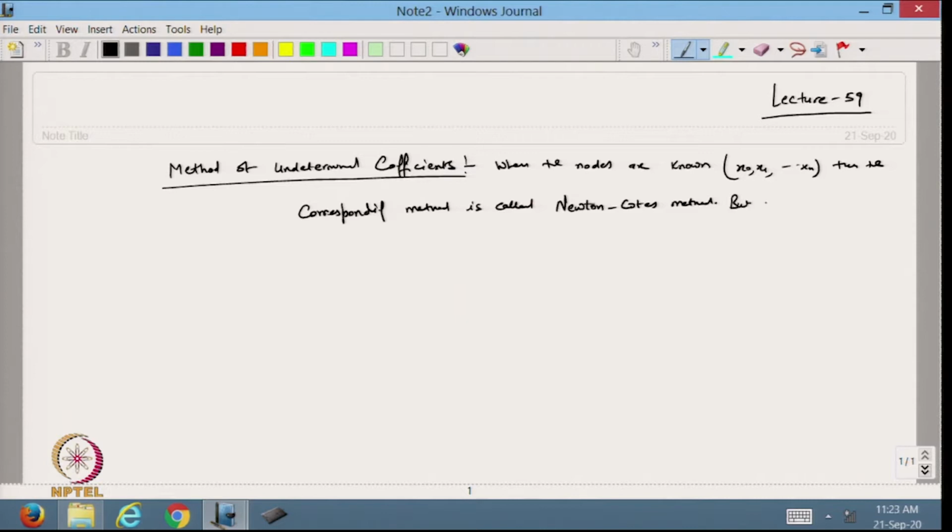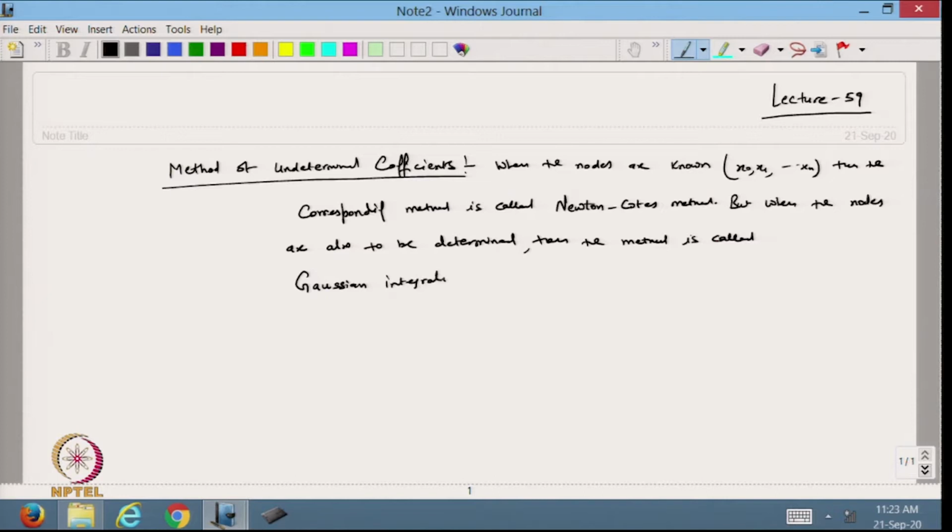But when the nodes are also to be determined, then the method is called the Gaussian integration methods.